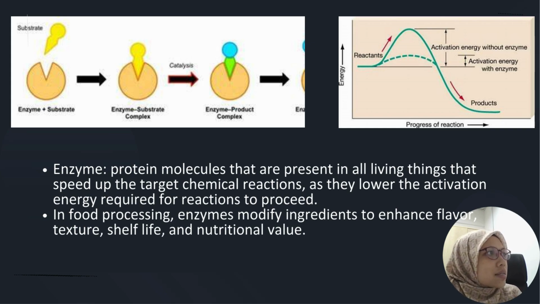So this enzyme, once dia dah ada this complex enzyme plus substrate just now, so dia akan form enzyme substrate complex. And then during the catalysis process, dia akan form enzyme product complex. So dia akan produce dia punya product. So this product will be different from the original substrate lah. And then this enzyme, dia akan lower the activation energy.